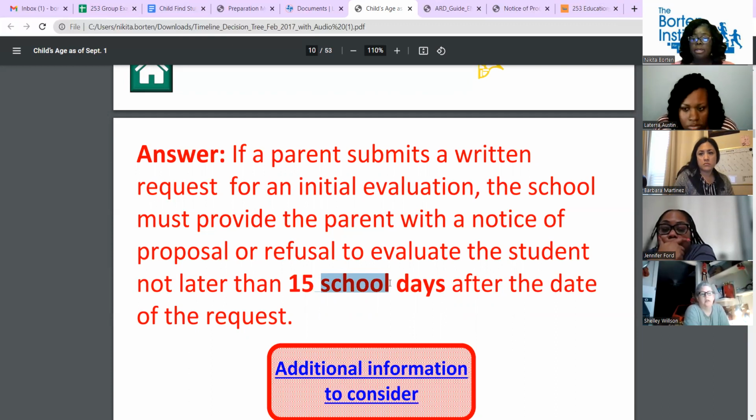I have a question. Yes. We are a 4-day district, so we don't go to school on Fridays. Would that Friday be not considered a school day? I know it sounds basic, but some people argue that Friday should be a school day, therefore we should count it. So would that Friday be a school day if we do not go to school on Fridays?